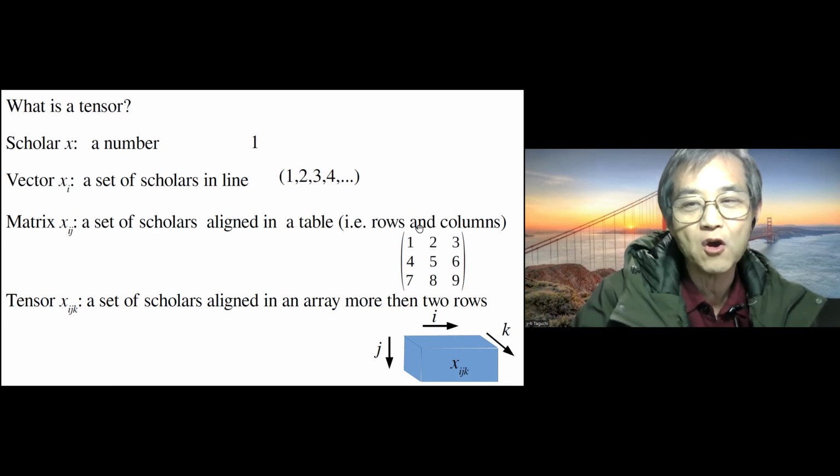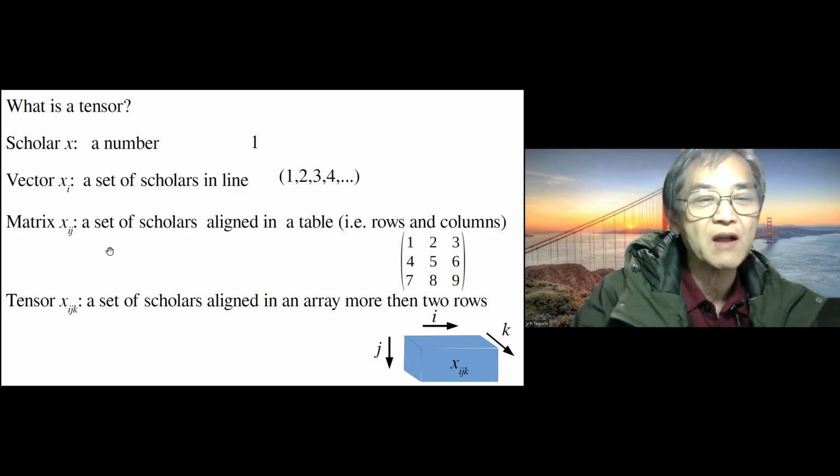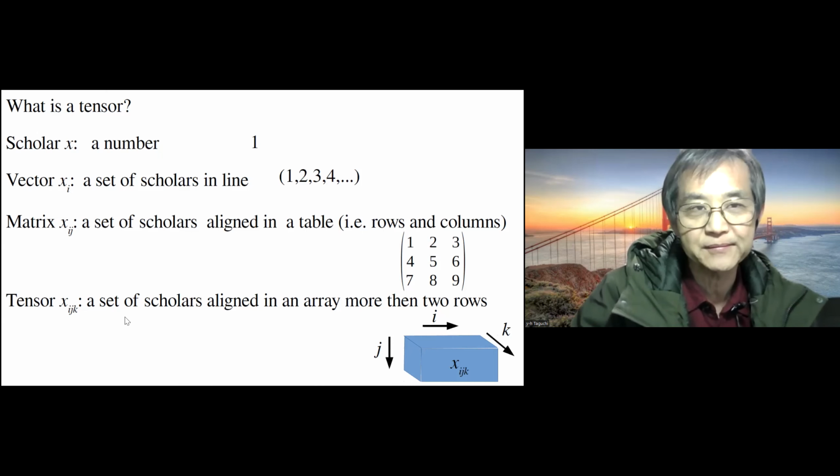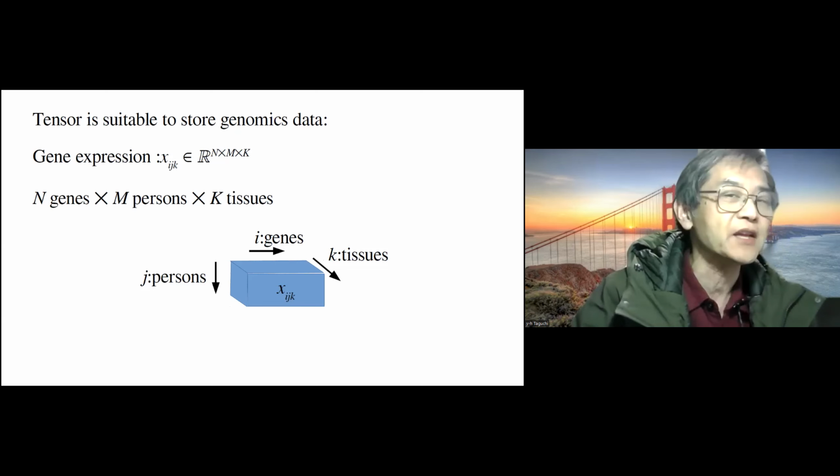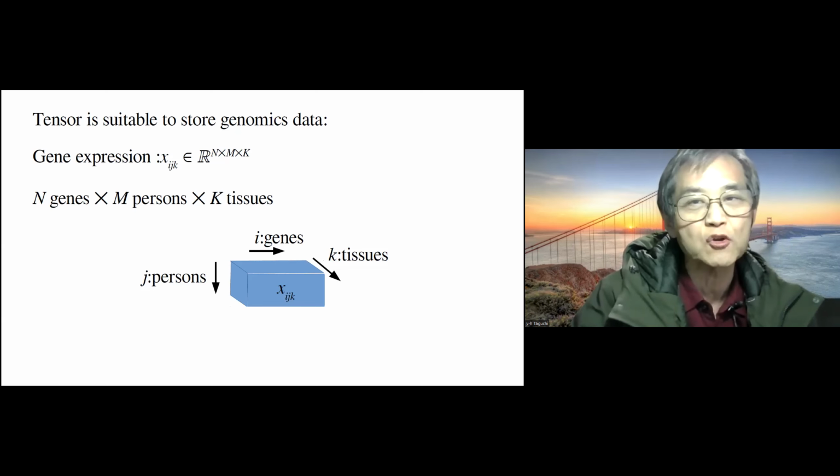The matrix has rows and columns. A tensor is a natural extension of this. For example, a third order tensor has three indices, so now it has ijk as suffixes.